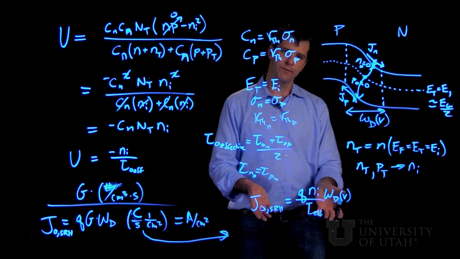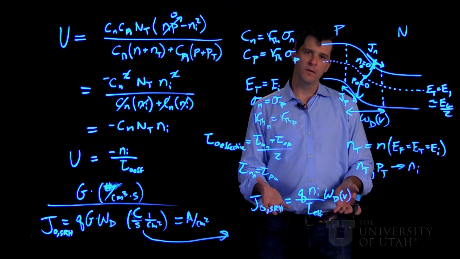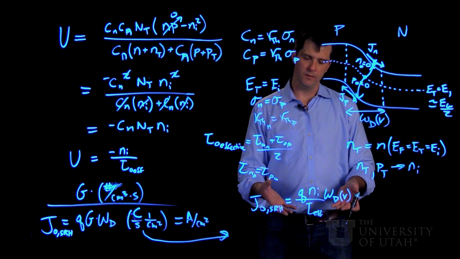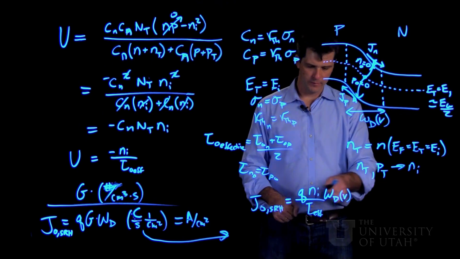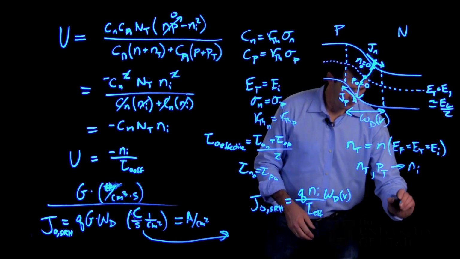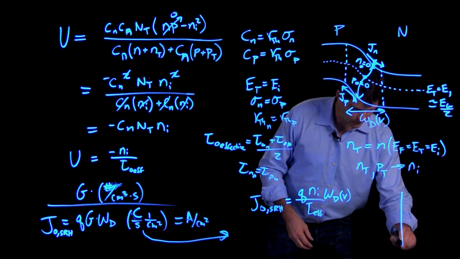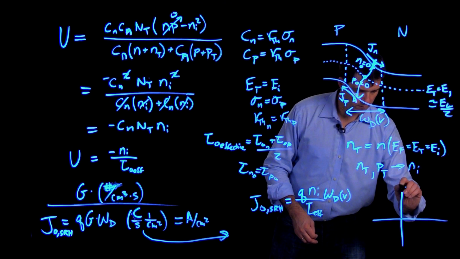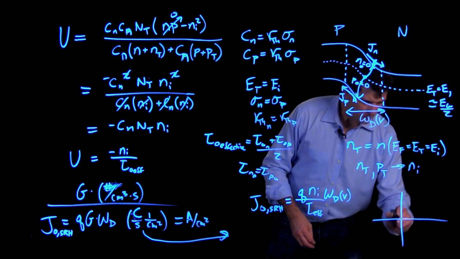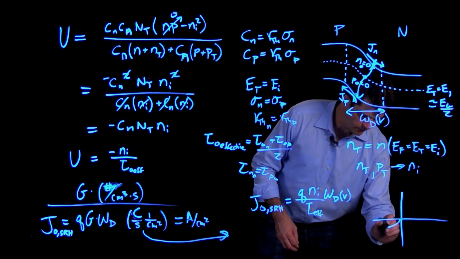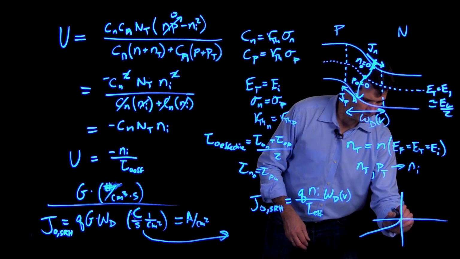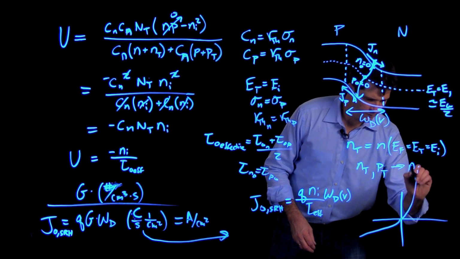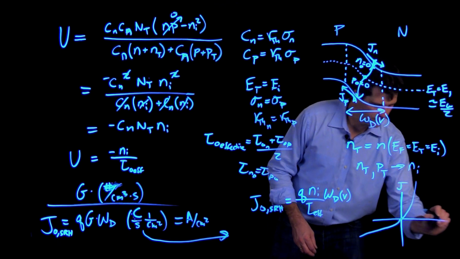So this is a little different than the ideal diode leakage current expression because of this voltage dependence. So really what we would conclude is that if we only had Shockley-Read-Hall reverse bias current, the current would not actually saturate. It would keep going with reverse voltage.